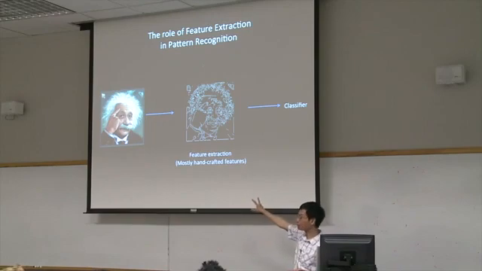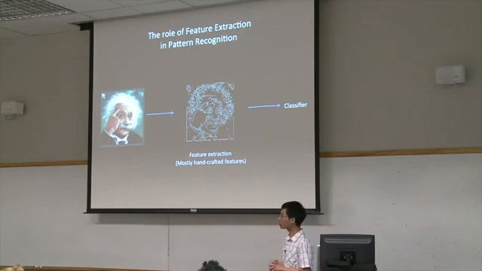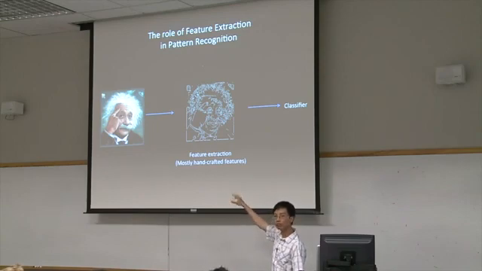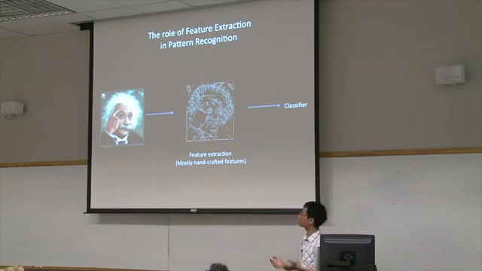But if you change the feature method here, then the performance changes a lot. For example, if instead of the raw pixel representation I use edge features, it works better. And if I use SIFT and HOG features, they work better still. It turns out that feature extraction is a key component in a lot of tasks in pattern recognition, speech recognition, and NLP as well.